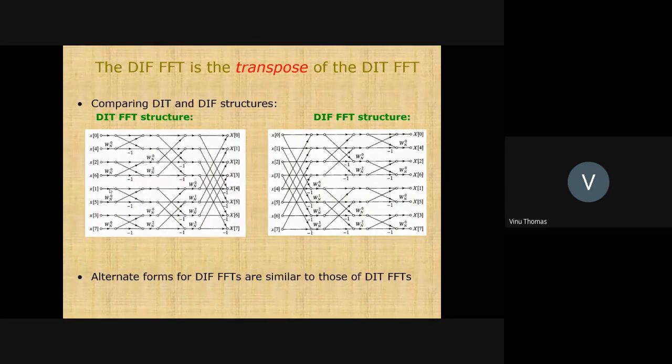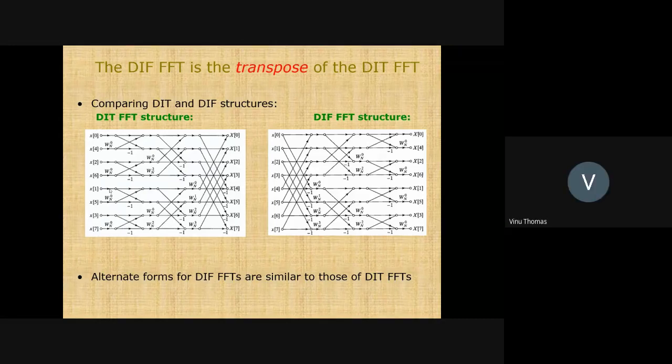Lakshmi, how do you compute the transpose of a signal flow graph? Sir, reverse the direction of all the arrows and interchange the input and the output. So you see that the DIT FFT structure is the transpose of the DIF FFT structure and vice versa. Yes.